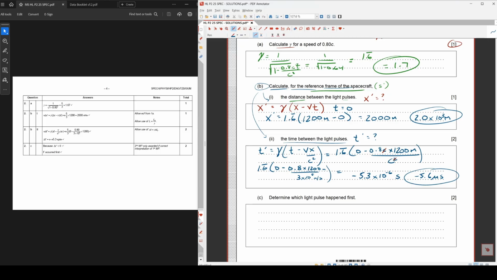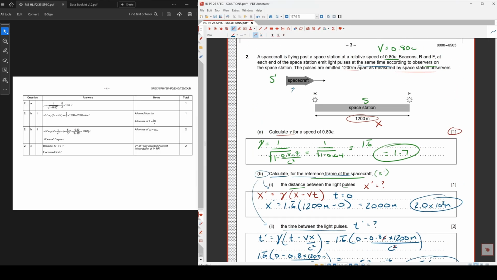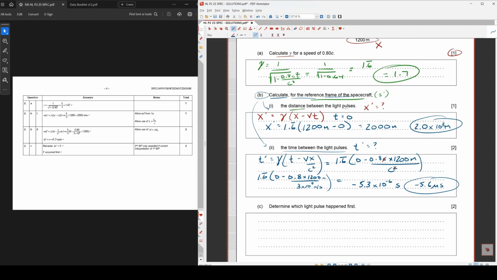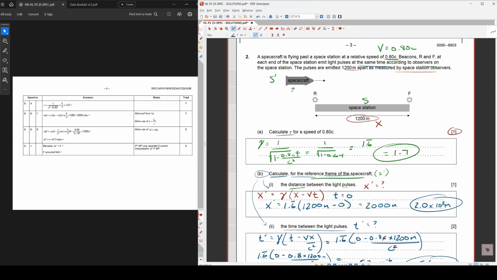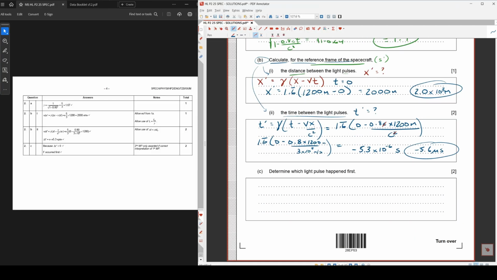Okay, and determine which light pulse happened first. Well, the negative is the answer here. Remember, events that are simultaneous for somebody in one reference frame won't be simultaneous for somebody in a reference frame moving relative to the first one. The spacecraft will not see these simultaneously. Since we put in 1200 meters, t is telling me when F happened relative to R. And it's negative.